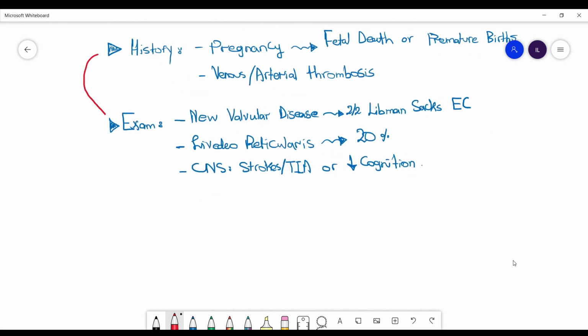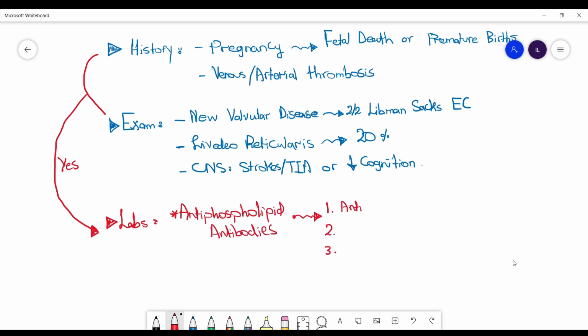Now, after history and exam, when you think this patient might have antiphospholipid syndrome, at that point you decide to do lab tests to confirm your diagnosis. And these labs, we are talking about antiphospholipid antibodies, including three common antibodies: anticardiolipin and lupus anticoagulant, in addition to beta-2 glycoprotein.